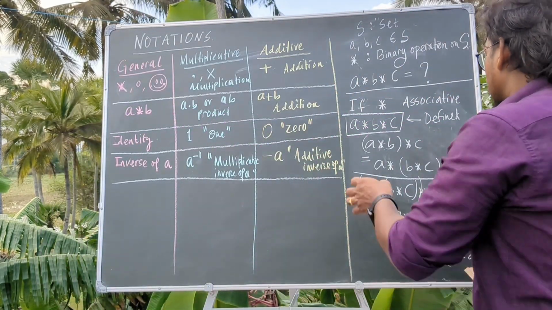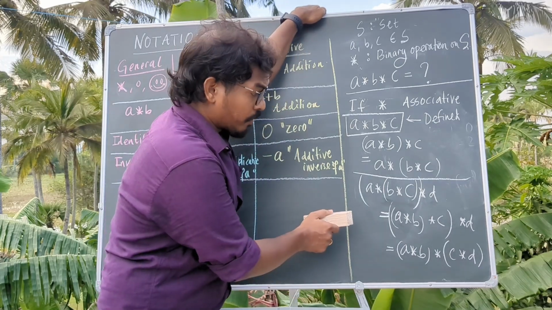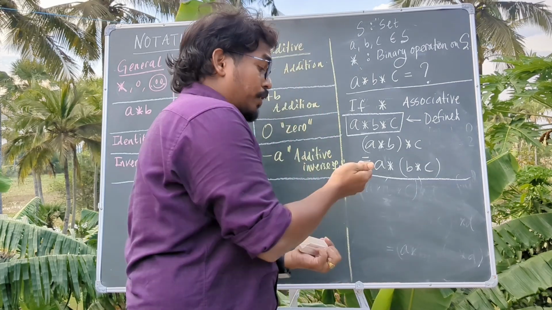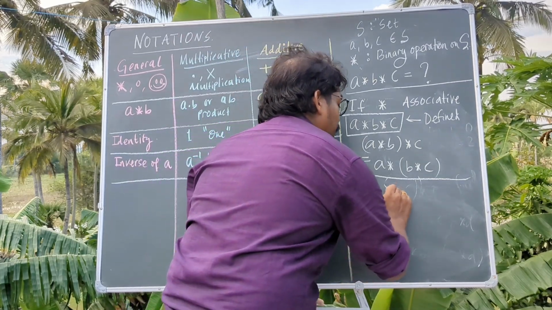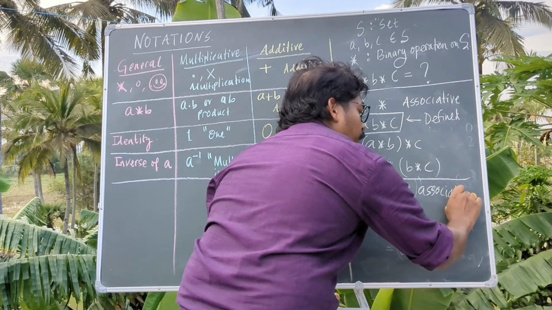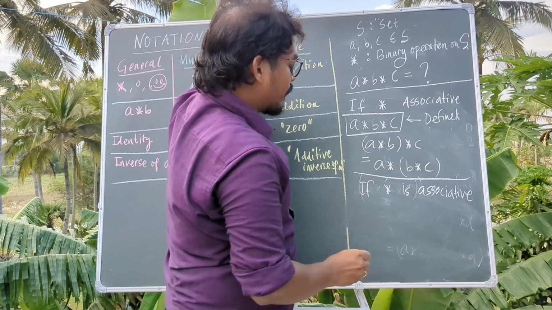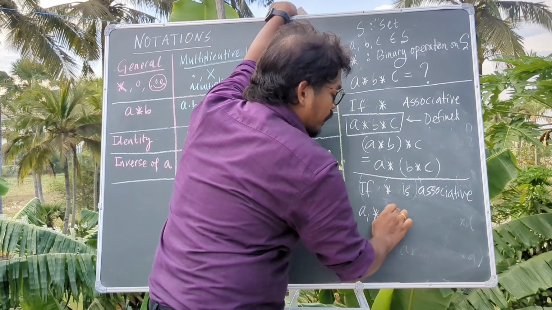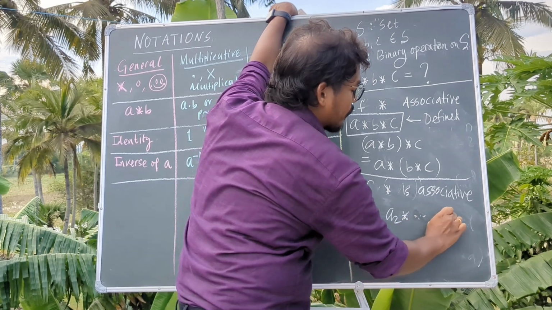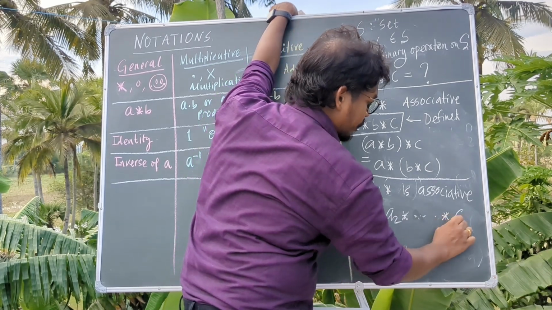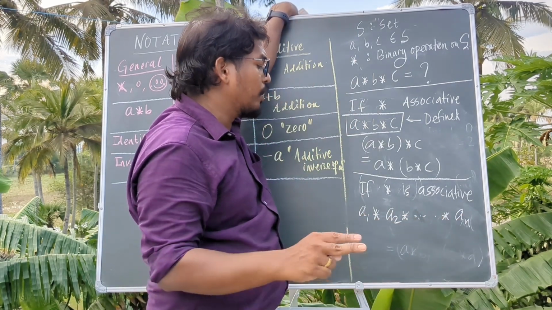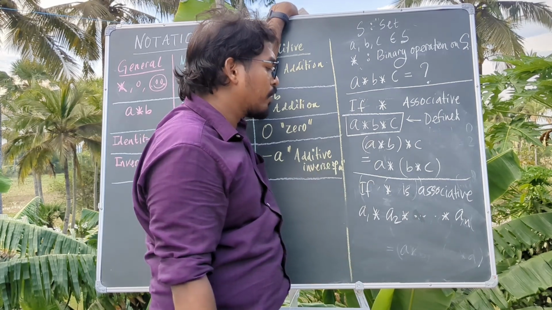I will erase this one. So if star is associative, then we have any number of elements, and if they are operated under the operation star, this is well defined, because it does not matter which two elements you operate first, then with anyone.